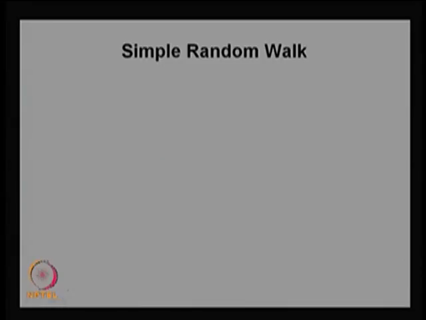Now, we are going to discuss the third type of stochastic process, that is a simple random walk. So, how can we create the simple random walk? Let me explain. You have a probability space.